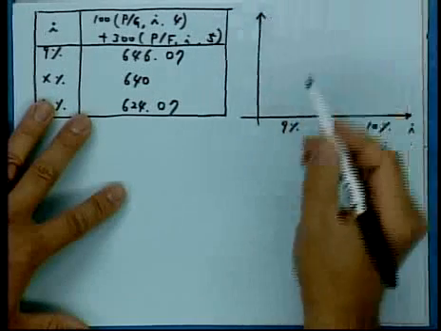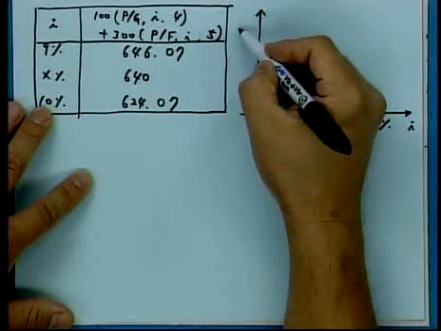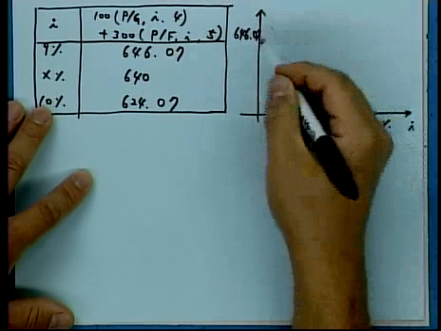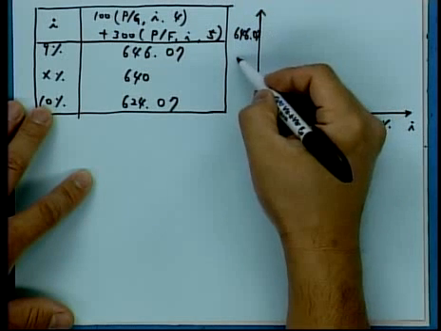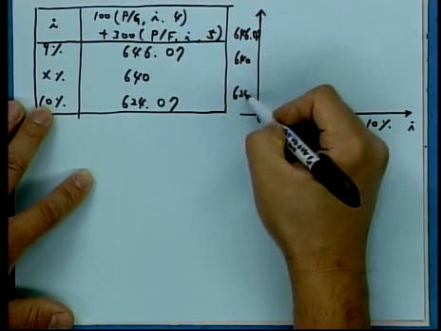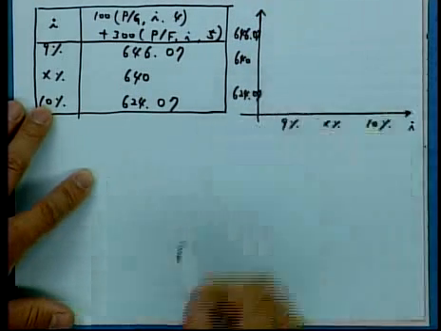And here we have 646.07 and 640, and down here 624.07. Okay.